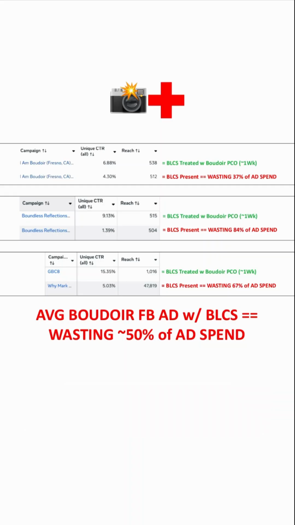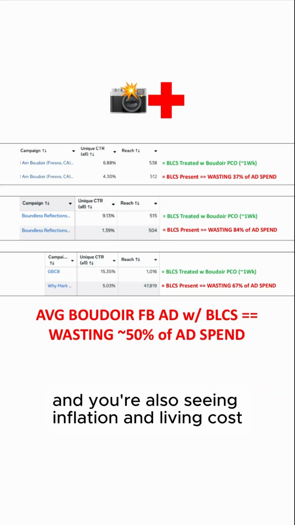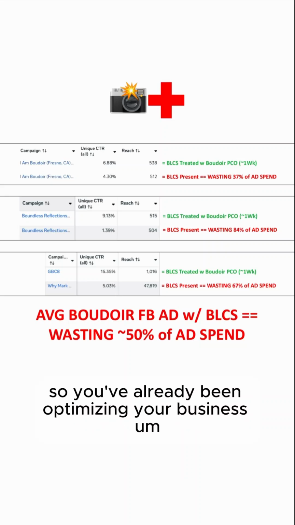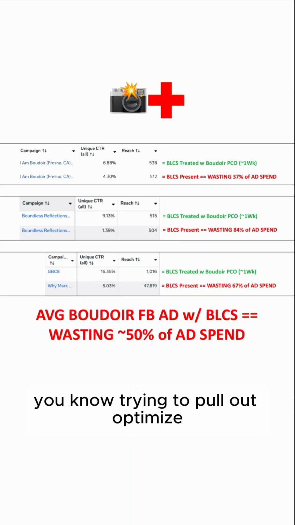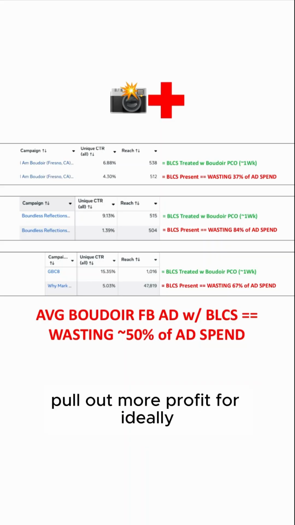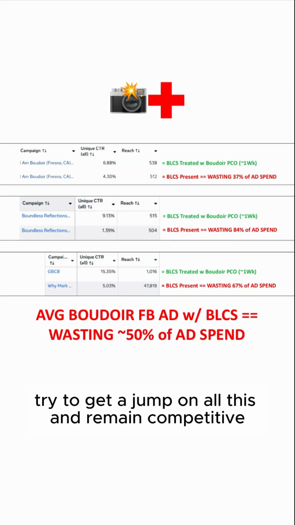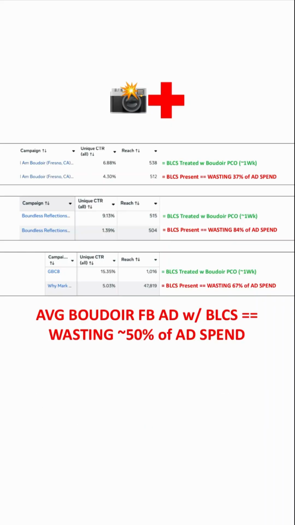So it's getting more competitive, more saturated out there in the marketplace. And you're also seeing inflation and cost of living, taking that into account. So you've already been optimizing your business, trying to pull out more profit for ideally less input, less work. Try to get a jump on all this and remain competitive.